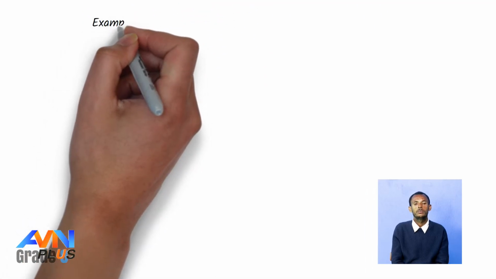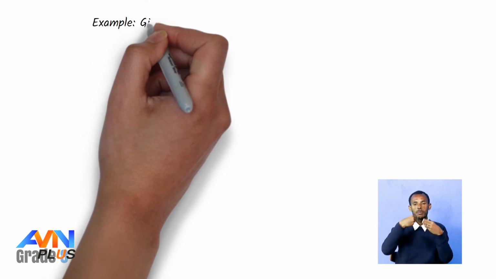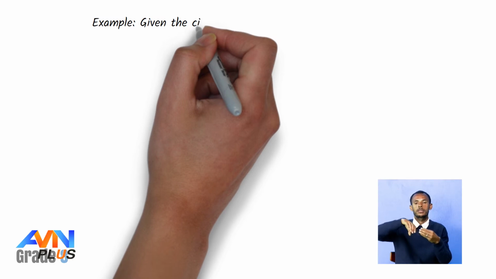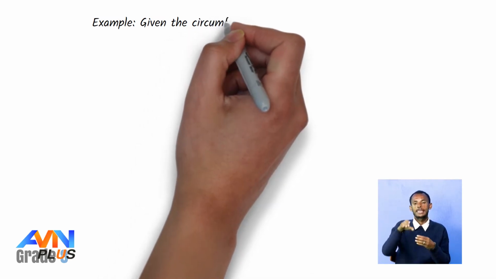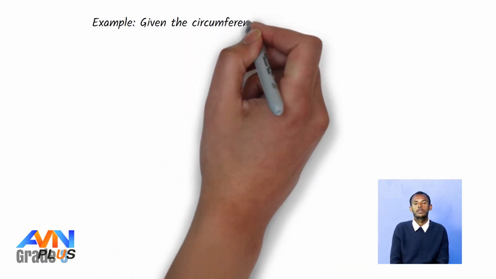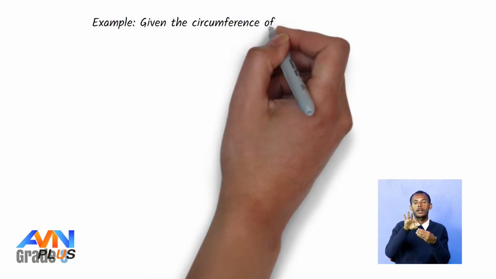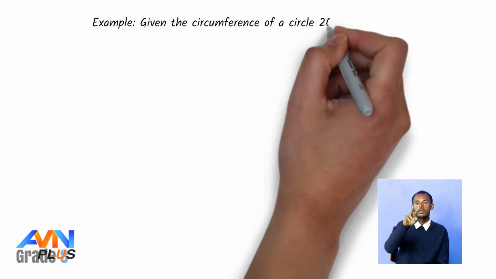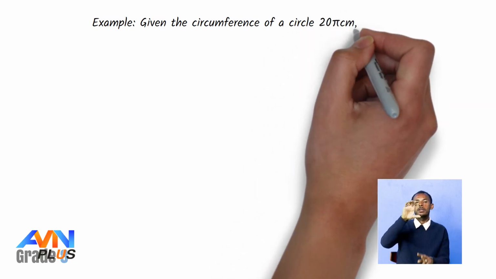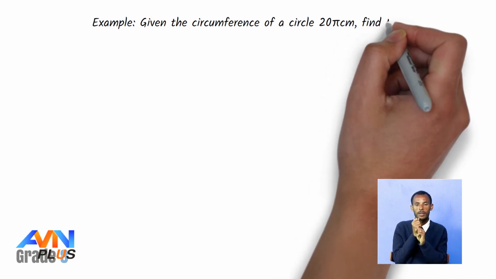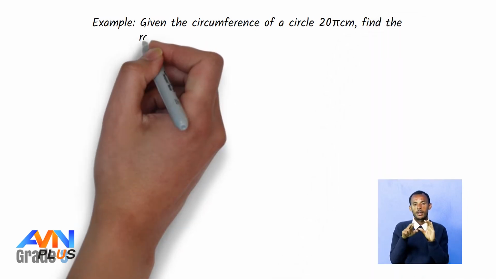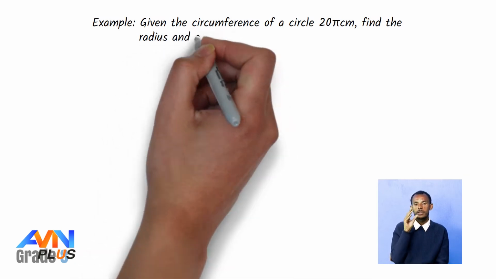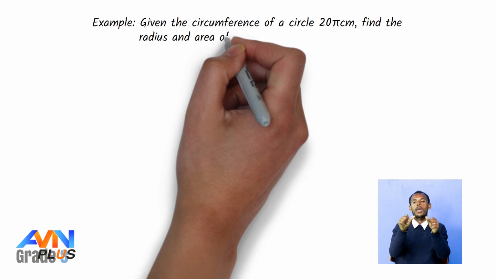In the second example, given the circumference of a circle 20 pi centimeter, find the radius and area of a circle.